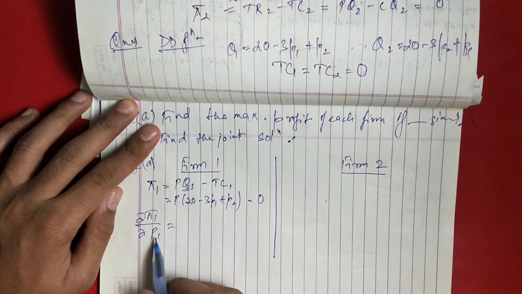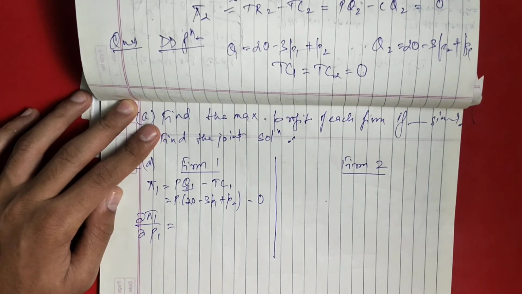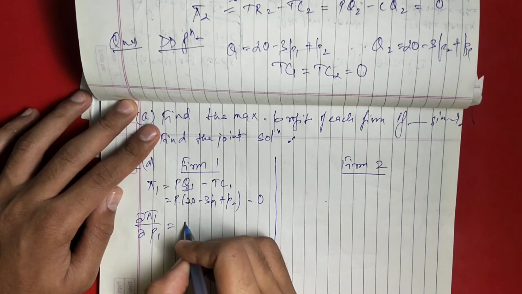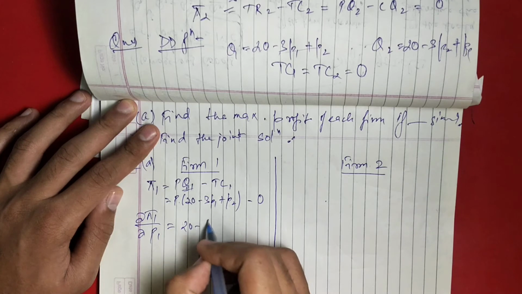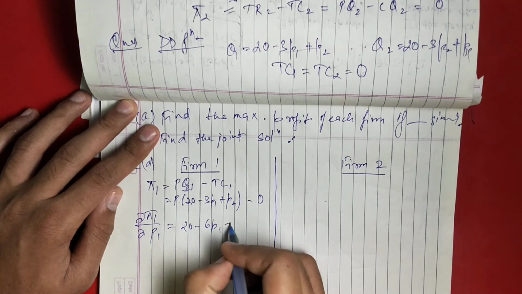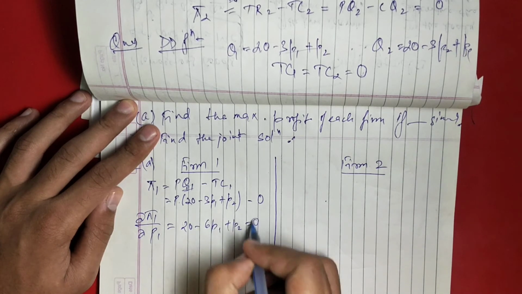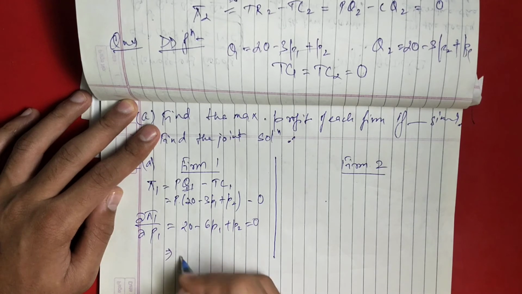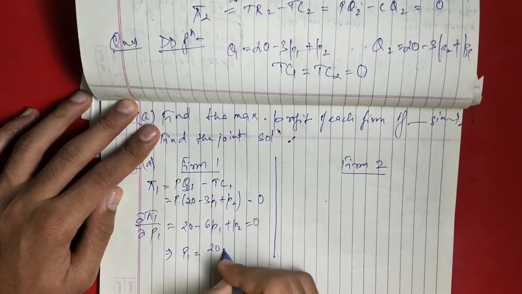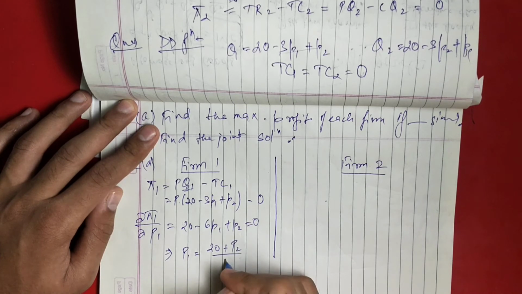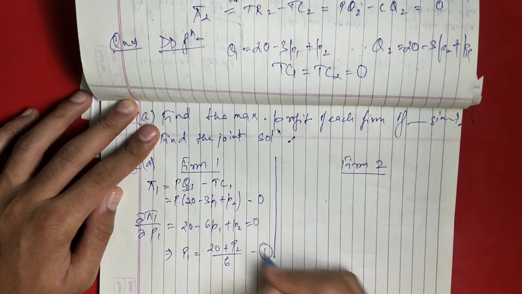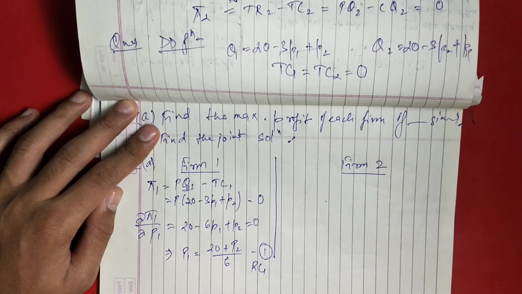Earlier we differentiated with respect to Q1, but now we are differentiating with respect to P1. So it will be 20 minus 6 P1 plus P2 is equal to 0. Now you will calculate P1 in terms of P2, whereas earlier we calculated Q1 in terms of P2. This is the reaction curve of firm 1.